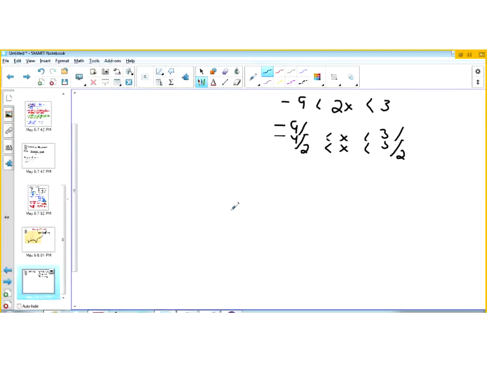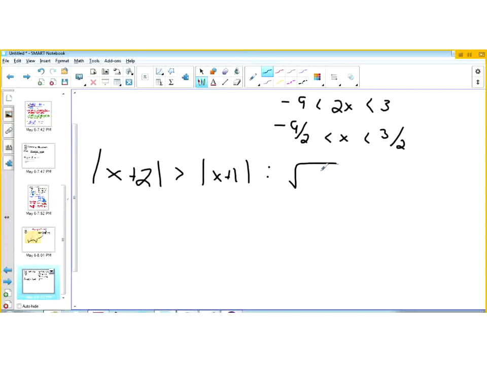Okay, so how about if we have an absolute value being greater than an absolute value? So something like this. Do you remember the procedure for solving something like this from your algebra? Absolute value of x plus 2 is greater than the absolute value of x plus 1. Do you remember what the rule is? Well, the rule is we replace the absolute value using its square root definition. So basically, we transform the problem into one without absolute value.